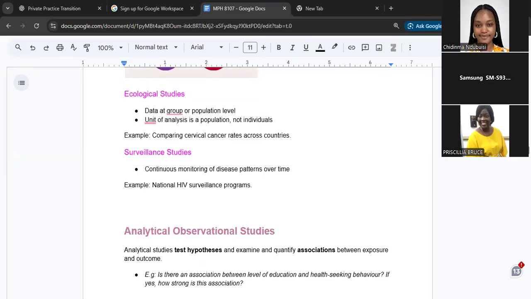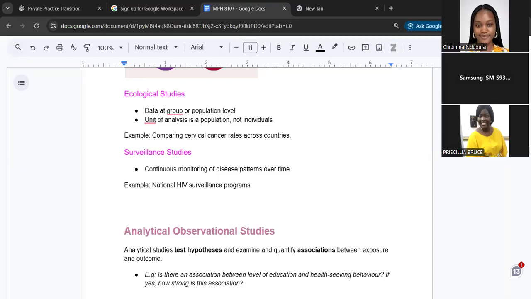What is happening in ecological studies is that we are looking at groups. So instead of saying how many people have this, it is groups we are looking at. It's like we're looking at clusters. I'm just using that word cluster loosely. That's the unit of our analysis. An example here is when we are comparing cervical cancer rates across different countries.